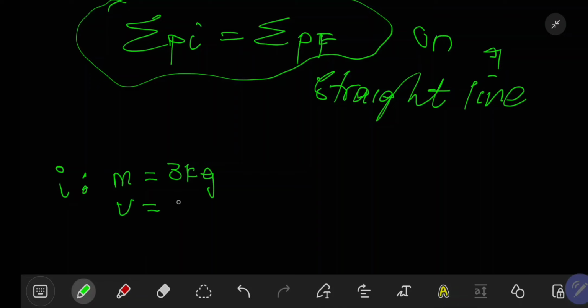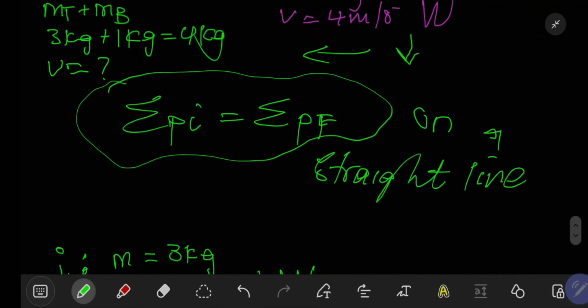And then in that initial stage, when this trolley was moving, we had a brick. This is mass 1 and velocity 1, this is for the trolley, and this is mass 2 and velocity 2, for the brick.